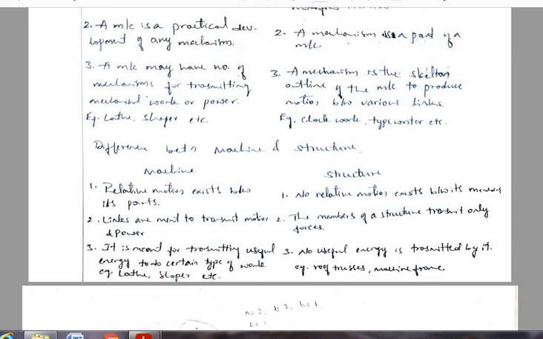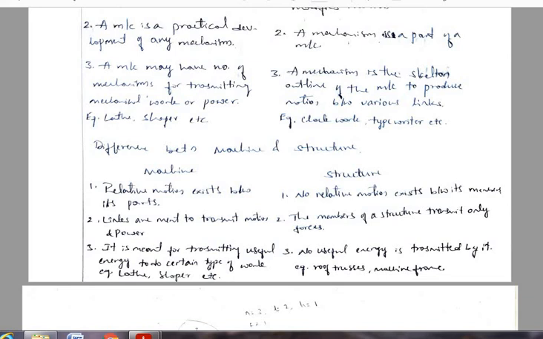And the machine is meant for transmitting useful energy to do a certain type of work. An example of a machine, again, you can give lathe and shaper machines, whereas in case of structures no useful energy is transmitted by it. So it just transmits the force.